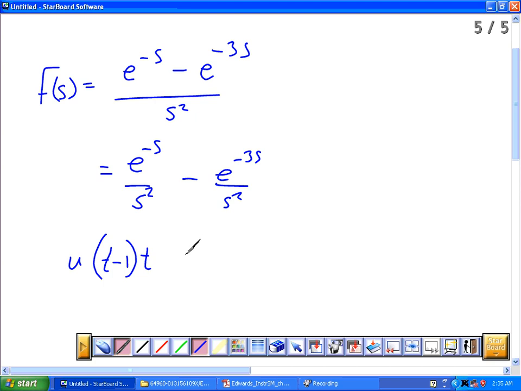Okay, and what's going on right here with this goofy thing? Well, that's going to be u of, again, t minus 3, and then times t, like that. Now, where does this come from? How do we get to this point right here? Okay, well, they have a t in common, of course, and so how could we then work that back to some f of t?